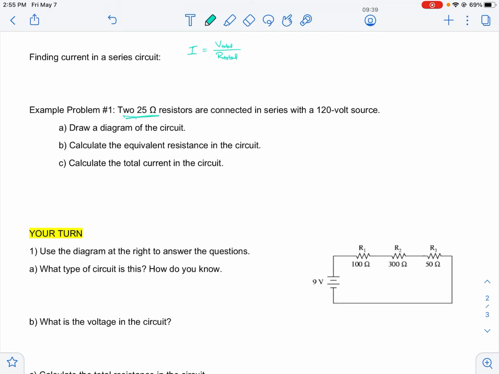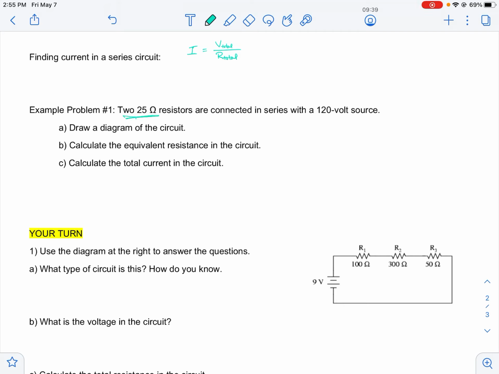R2 is 25 ohms. V is 120 volts, and I am also going to remind myself that this is a series circuit, okay? Next week we're going to do parallel circuits, and so that's going to be different. So the idea that we're paying attention to that it's a series, that's important.